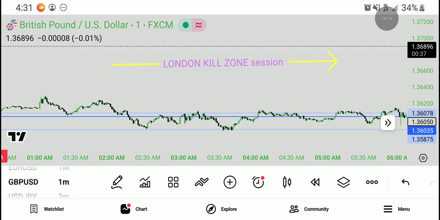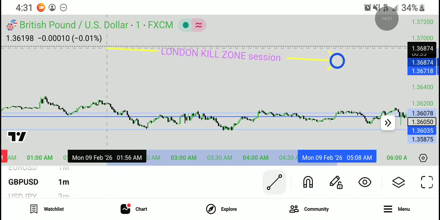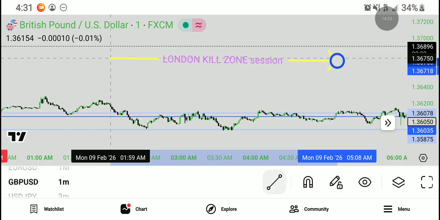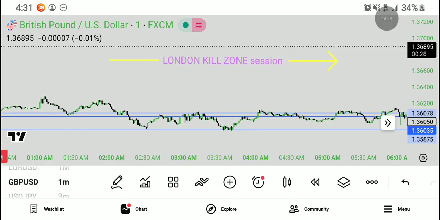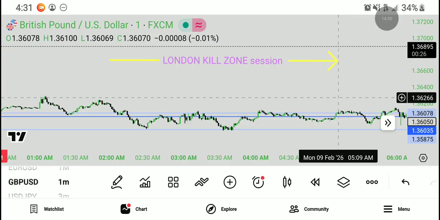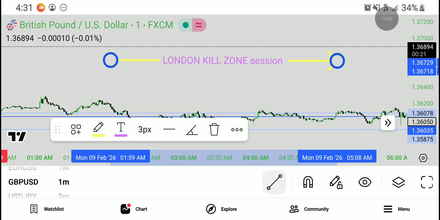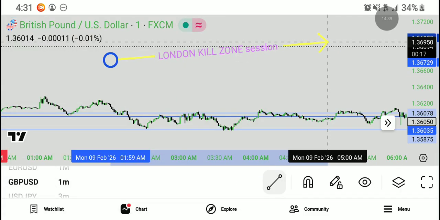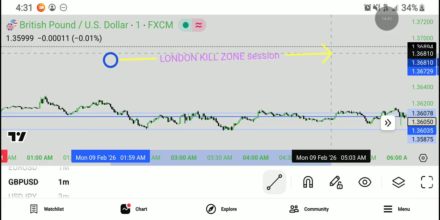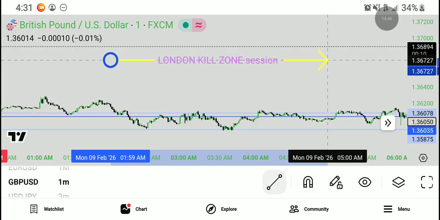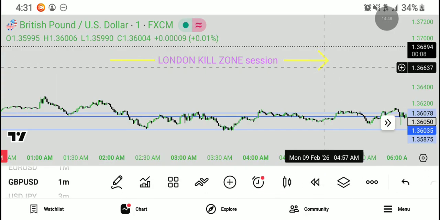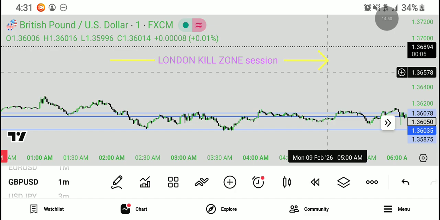Alright, you can see, hope you're not confused. Here is 2 o'clock a.m. where London session starts. And there is 5 o'clock. Here is 5 where you close.